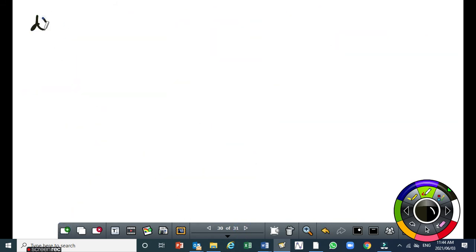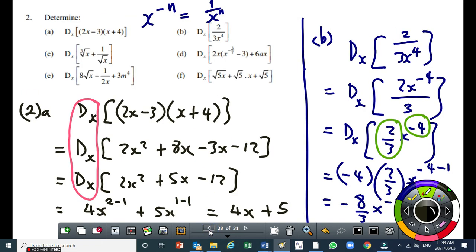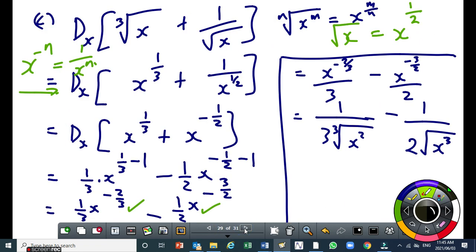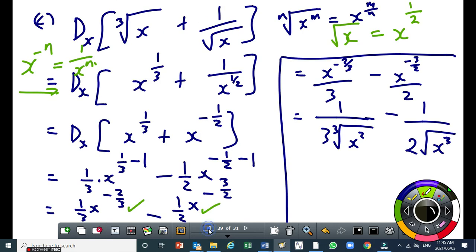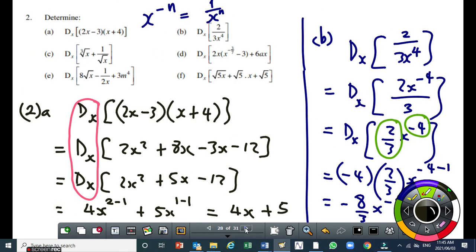So it's d of x of 2x times x to the power of minus 3 over 7 minus 3 plus 6ax.